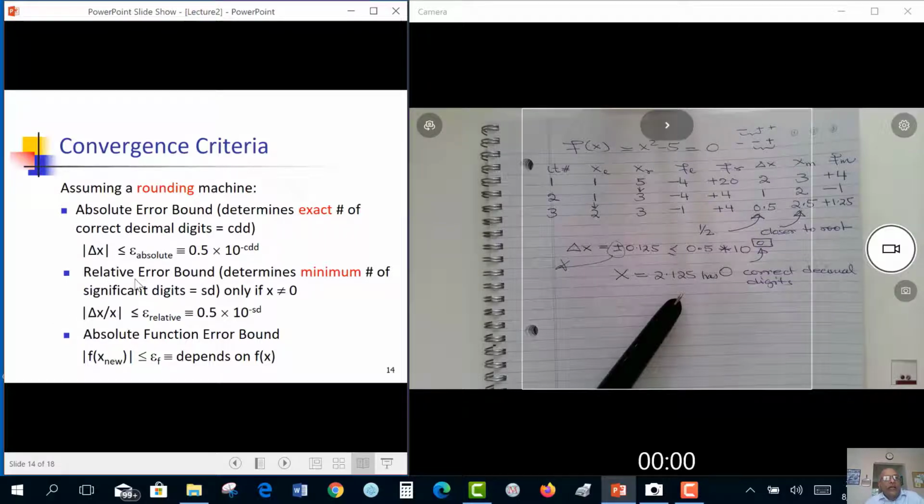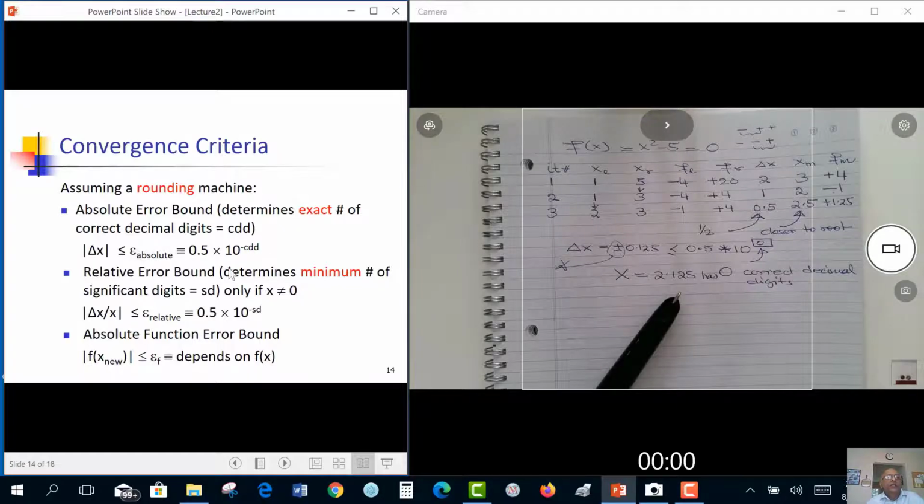We can also use a relative error bound. We can use relative error bound only if x is a non-zero value. So relative error would be delta x over x. Of course, we are always looking at magnitude. So the reason I'm using these epsilon symbols is most of the books would just say this is specified or you choose, but they don't know how you should choose.